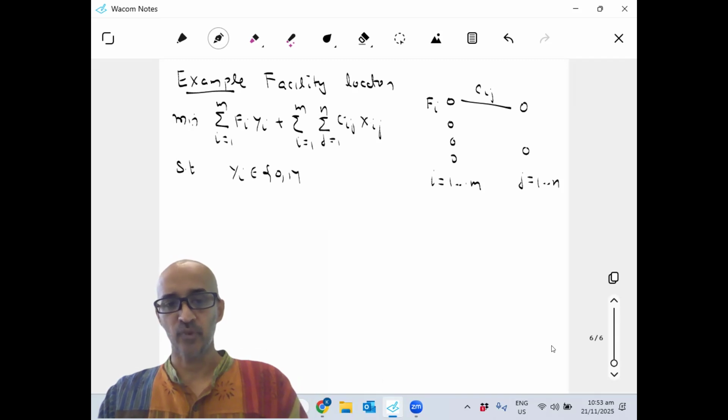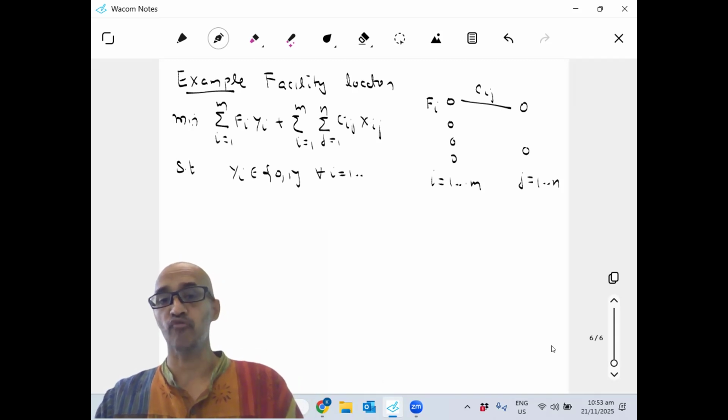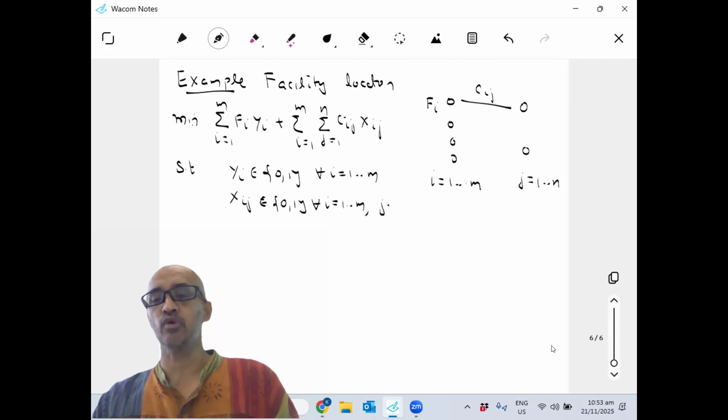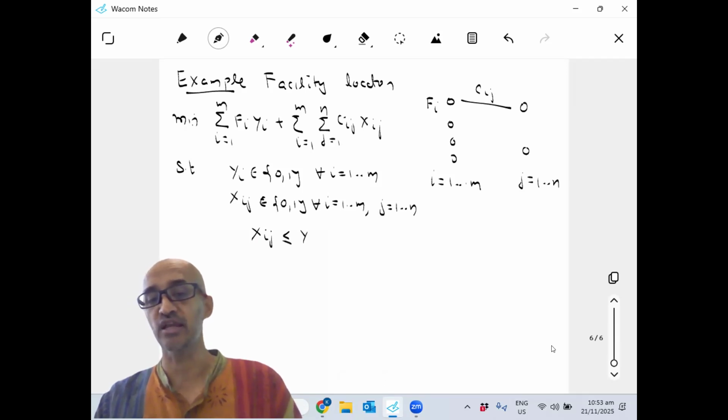Where y_i was binary. This is exactly the formulation I did on Wednesday, so there's nothing new here. You serve each client with one facility. And then we have a constraint that says that if you serve a client j with facility i, you better open facility i. Otherwise, you can't do this. So if x_ij is 1, then y_i better be 1.